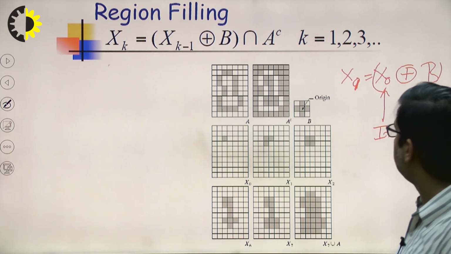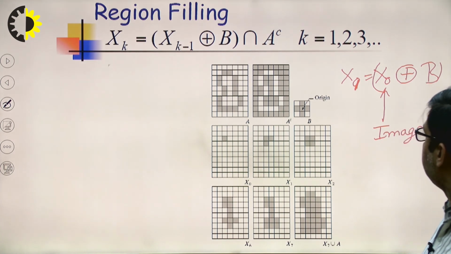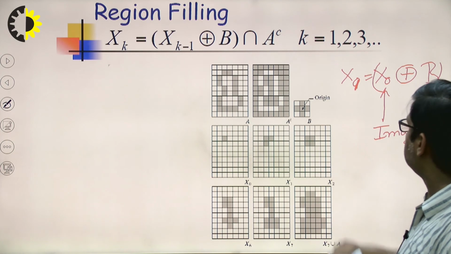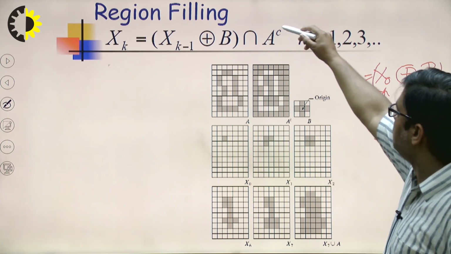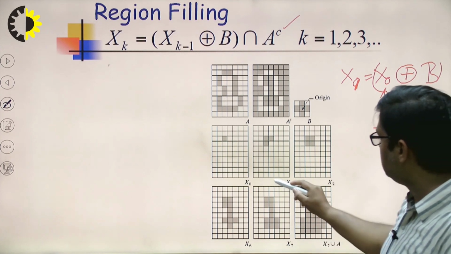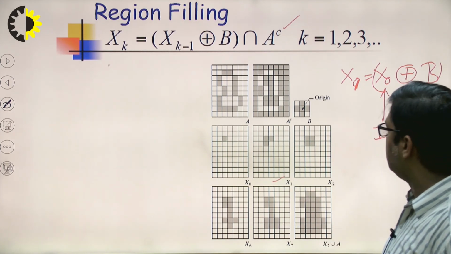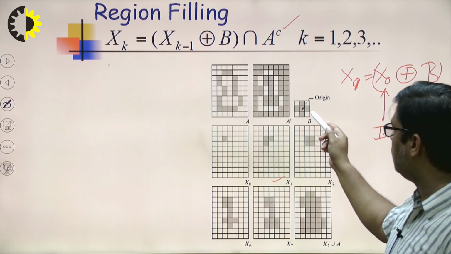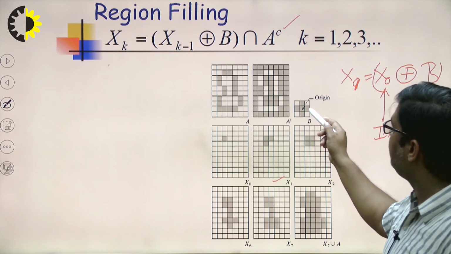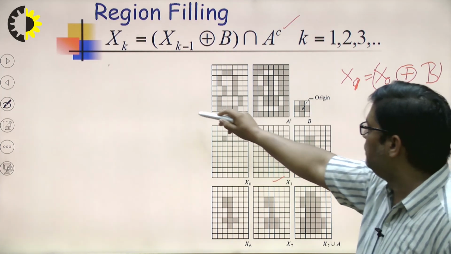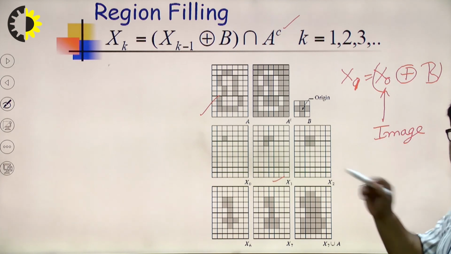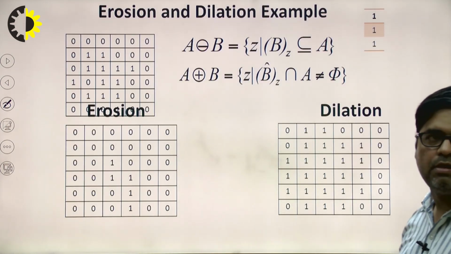Whenever I apply the dilation of this original image with the structuring element, we get x1. Simultaneously we have to use the complement of A also. So x1 can be found by the dilation operation of the image and the structuring element.